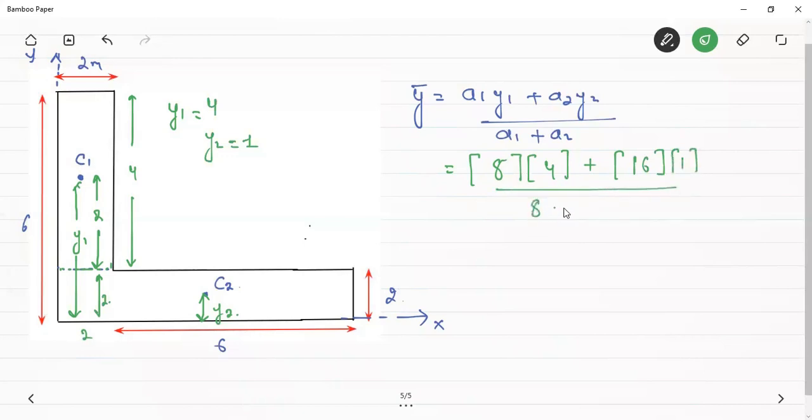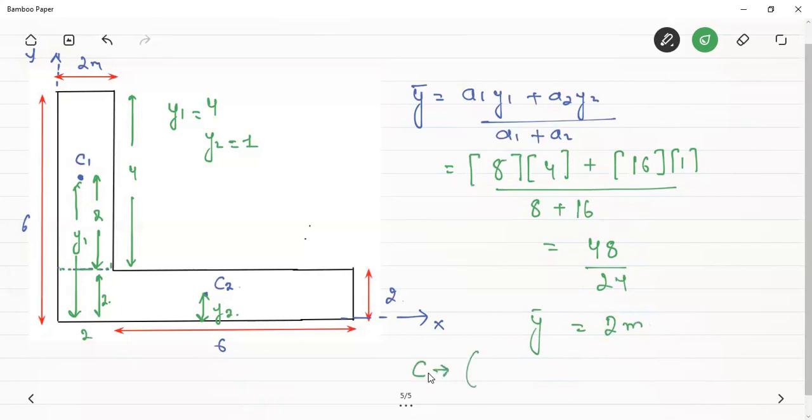And the summation of the areas is 8 plus 16. Okay, this will be 32 plus 16, that will be equal to 48 divided by 24. And y bar will be equal to 2 meters. So we have obtained the coordinates of the centroid of the complete figure.